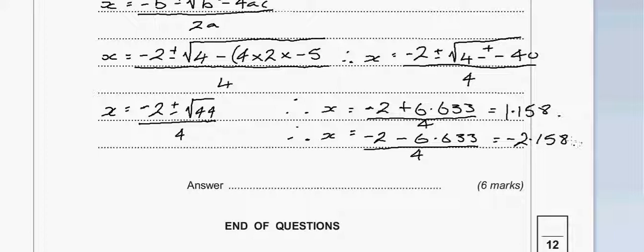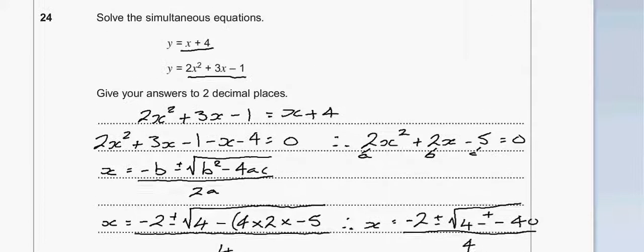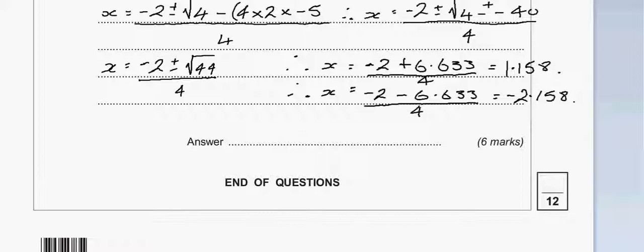So, if I remember rightly, the question says give your answer to 2 decimal places. So there's my first decimal place, there's my second. So I have to take this into account. Now the 8 I would round up, so this would become 6.